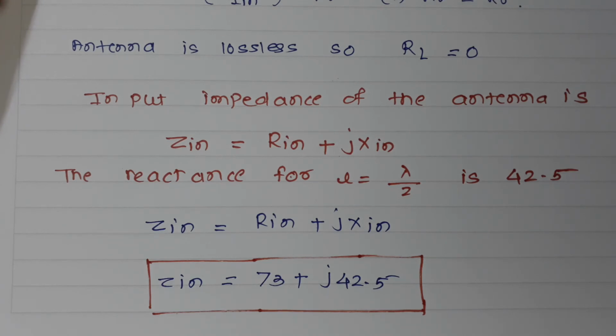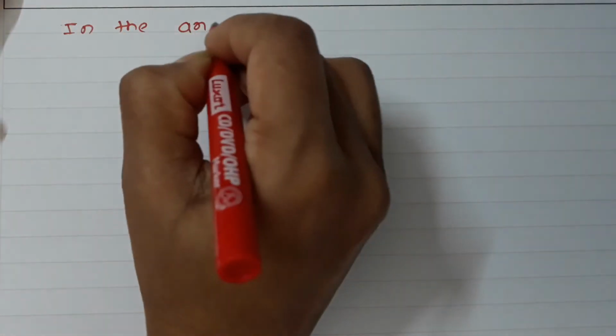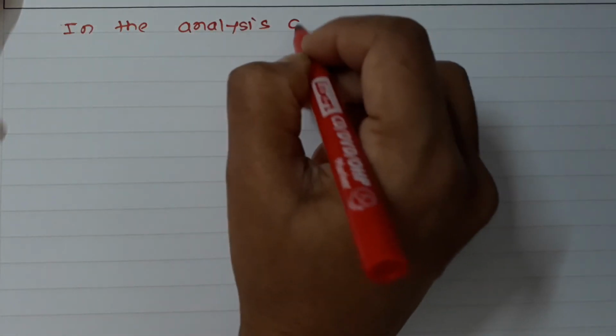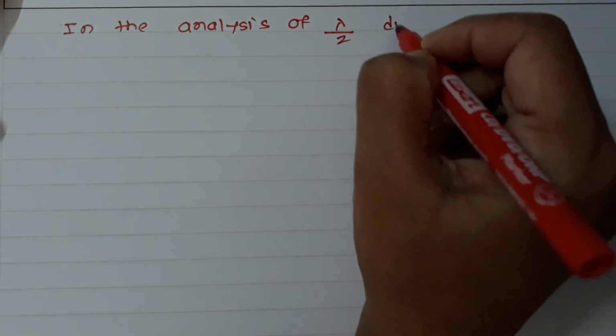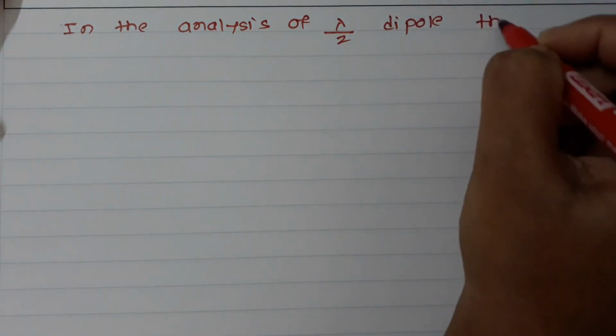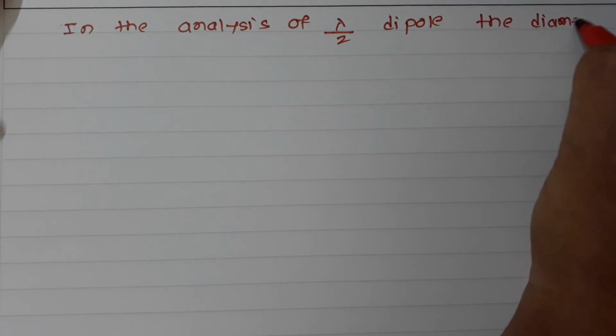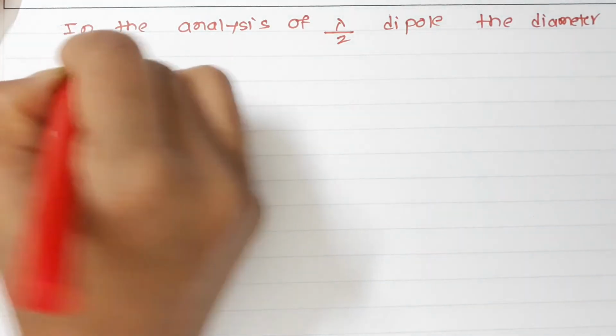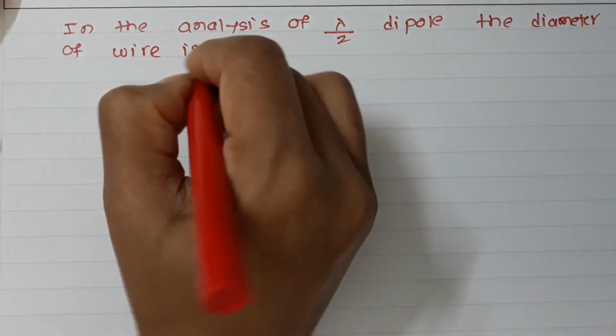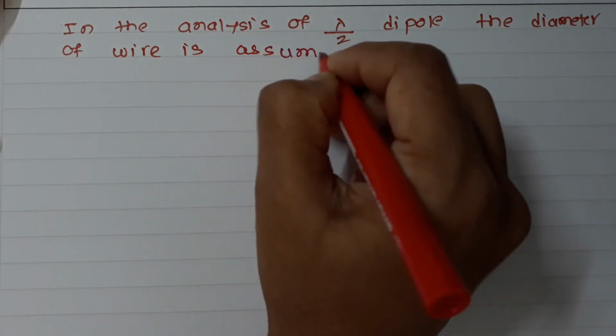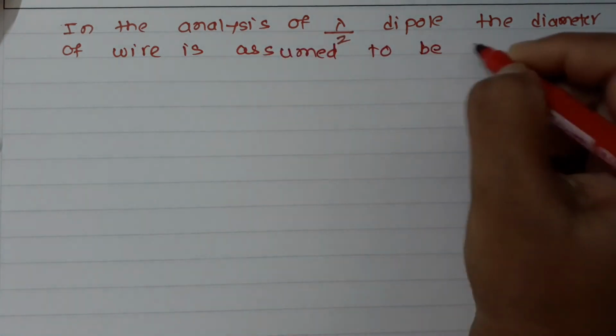Okay. So in the analysis of the lambda by 2 dipole, the diameter of the wire is assumed to be very small.